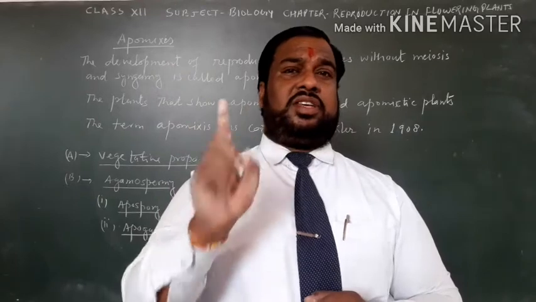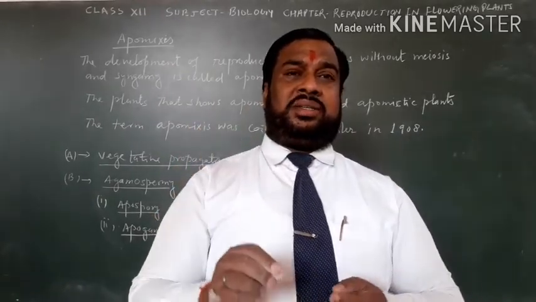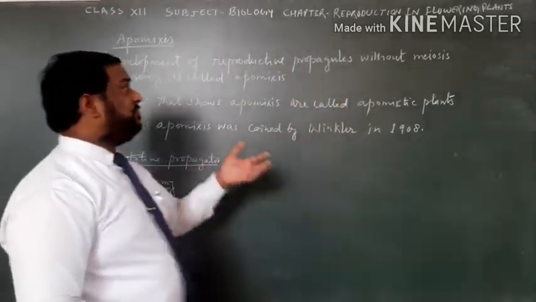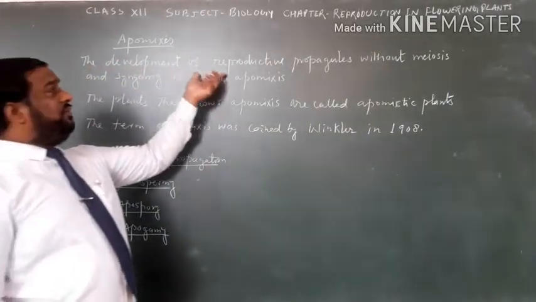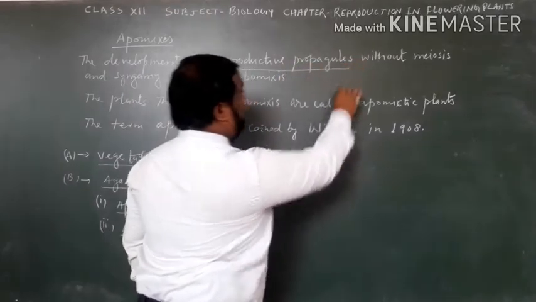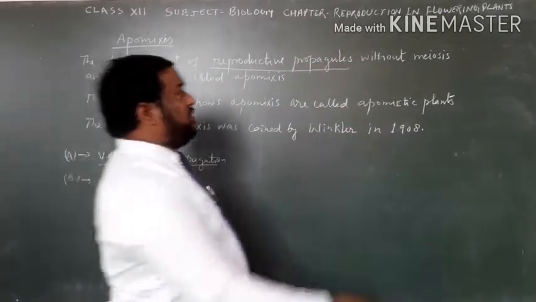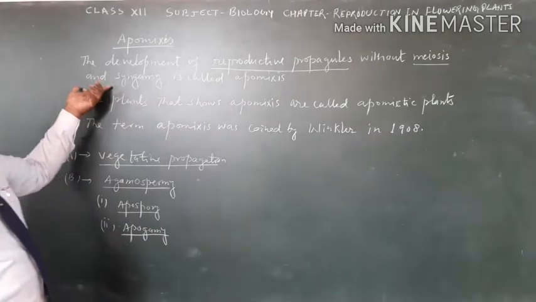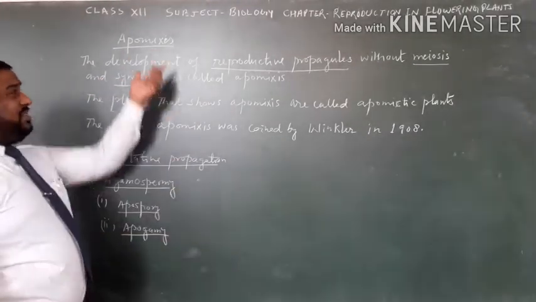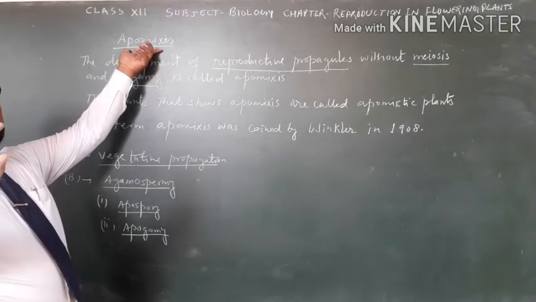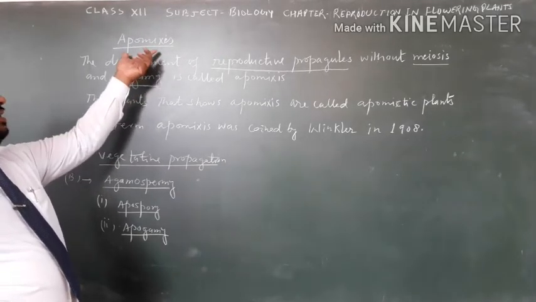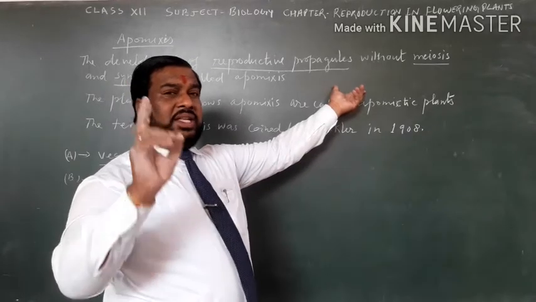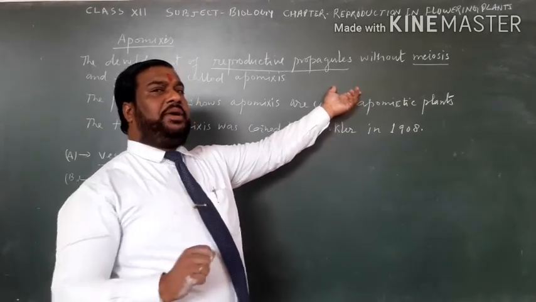Their mode of reproduction is asexual. In apomixis, reproductive propagules develop without meiosis or reduction division and syngamy.